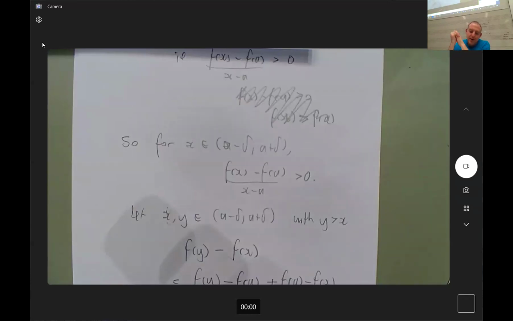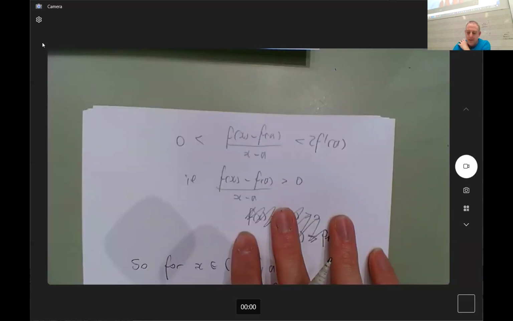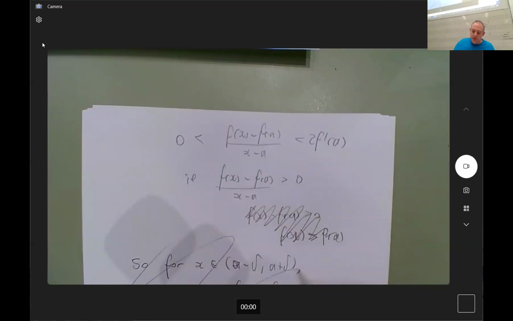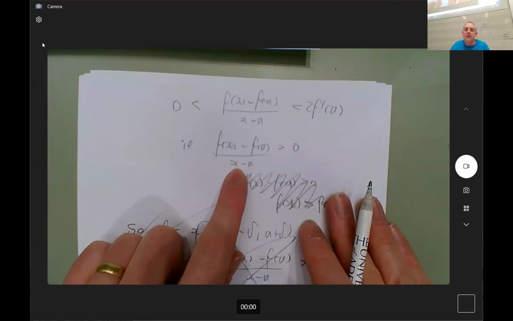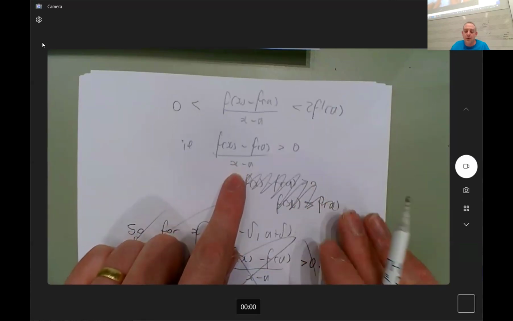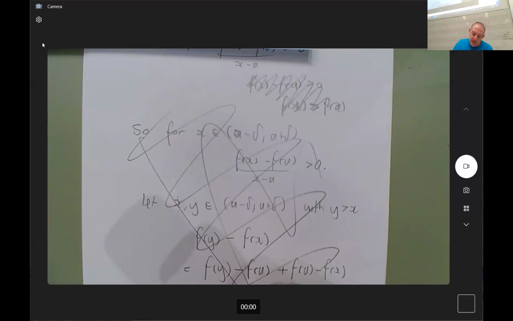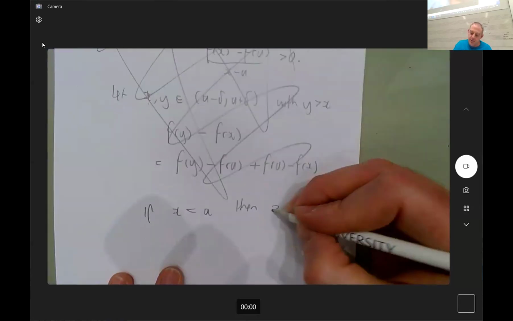I thought I might be able to borrow what I've done here. What we know is, okay, no, I am going to do what I did before. So if x is less than a, then x minus a is negative.